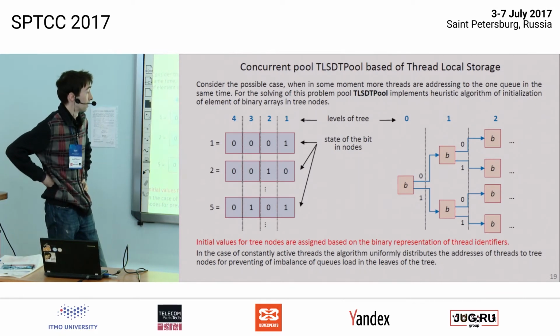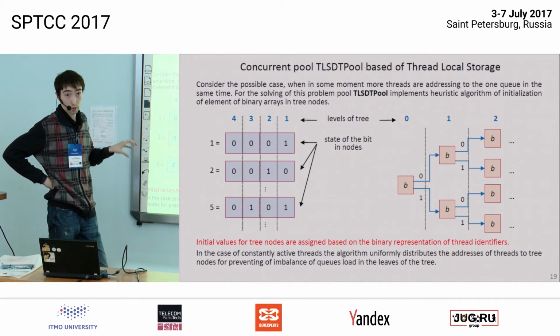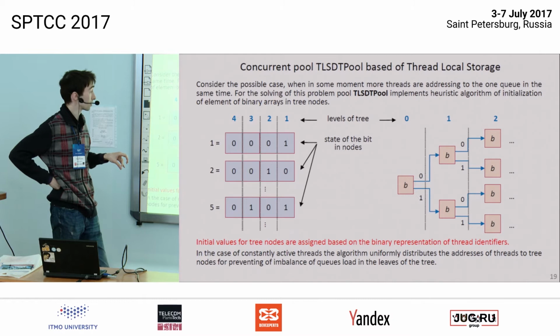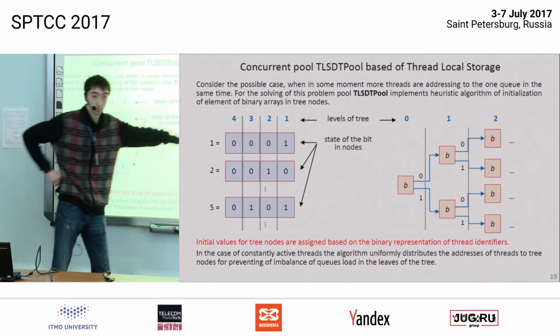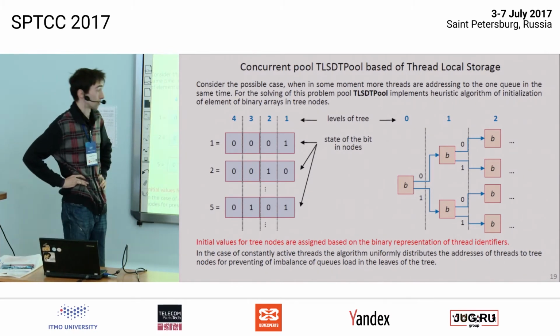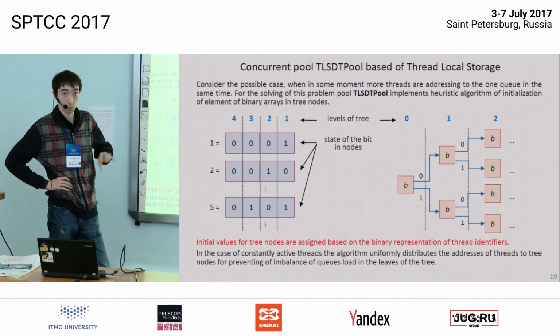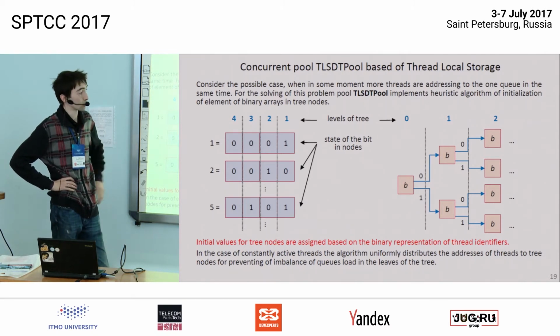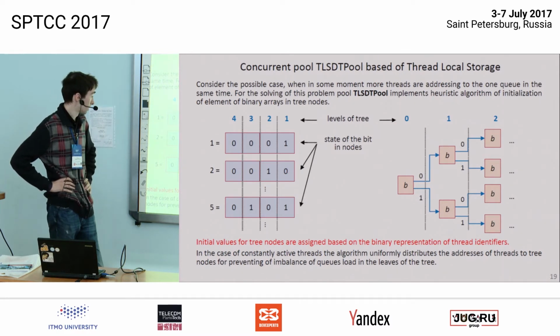And we also propose an algorithm to prevent imbalance of concurrent queues in the leaves, because in some cases more threads address some queues, so these queues become bottlenecks.